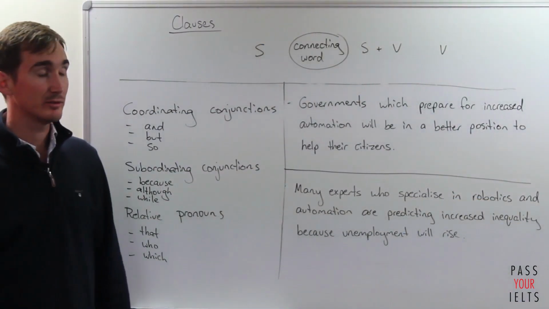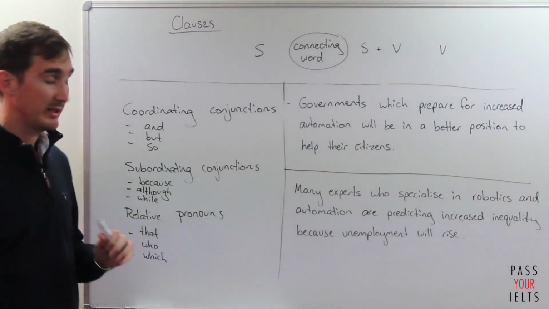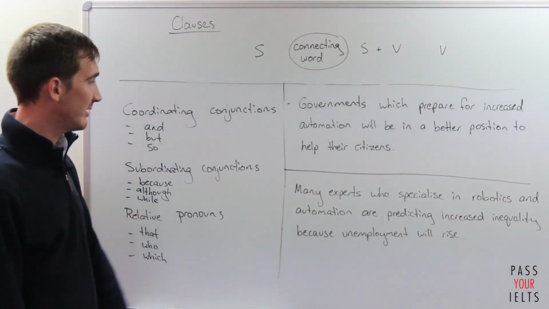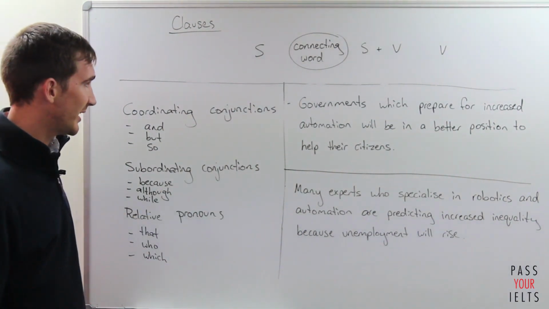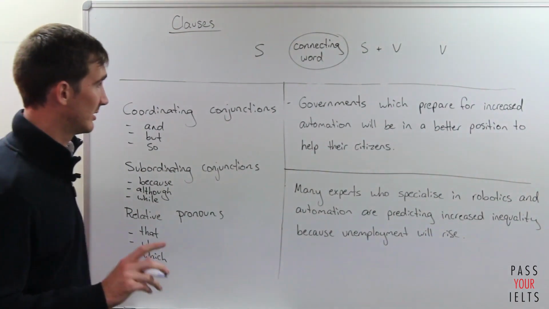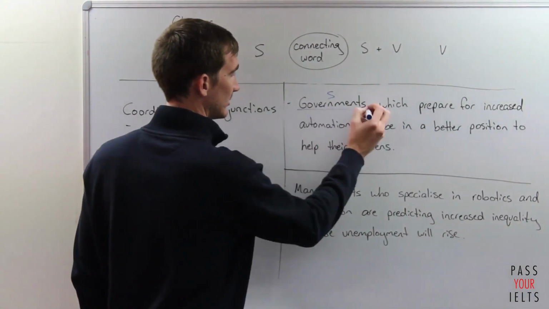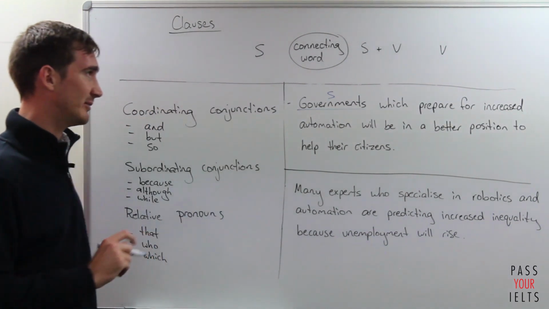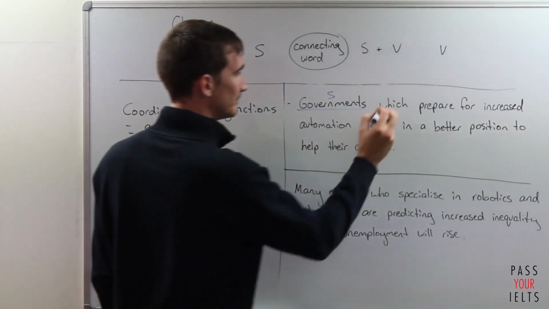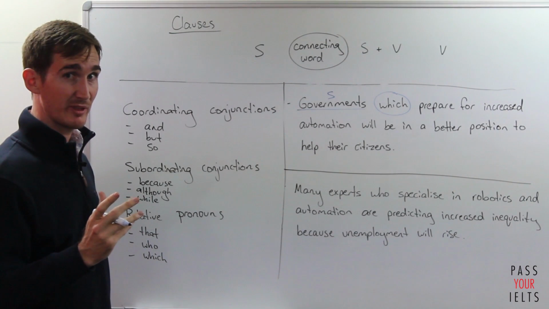One last structure we should look at is the subject, connecting word, subject, verb, verb structure. It's commonly used with relative pronouns. Let's go to our example sentence. Governments which prepare for increased automation will be in a better position to help their citizens. Let's look now for the subject, which is governments. Now we have a word that is a connecting word, which, a relative pronoun. Are governments and which the same thing?